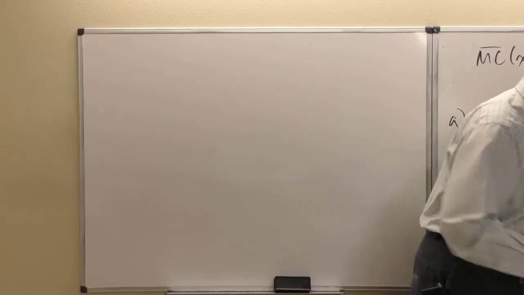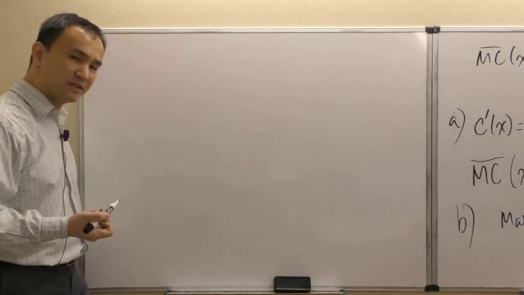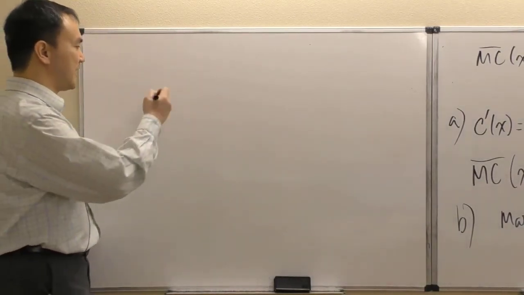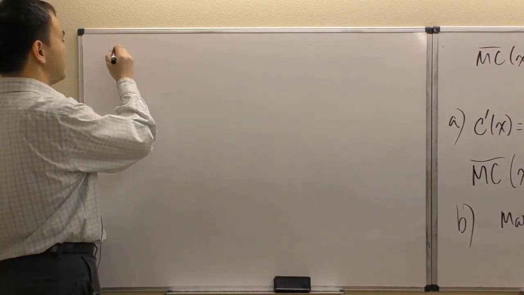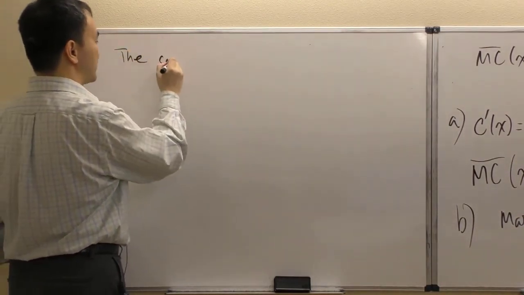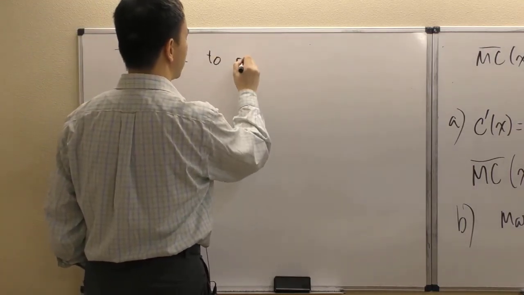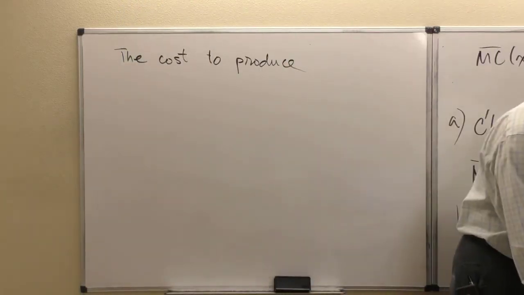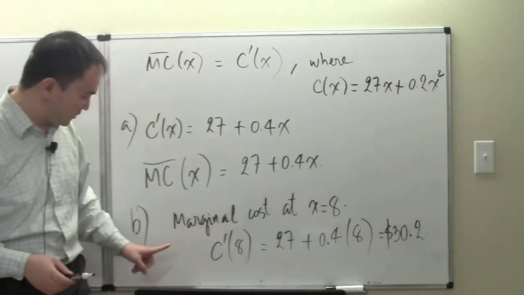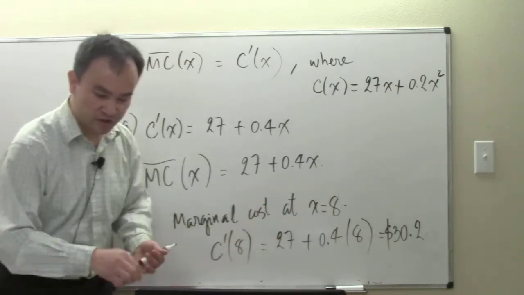So that's one way of saying that, but a better way that I always prefer telling my students is that it just means the cost, okay? It means the cost to produce, because look at the term, and it's important to say at x equals 8.